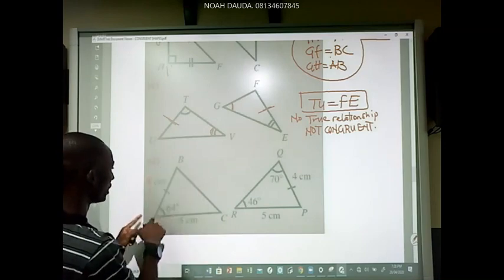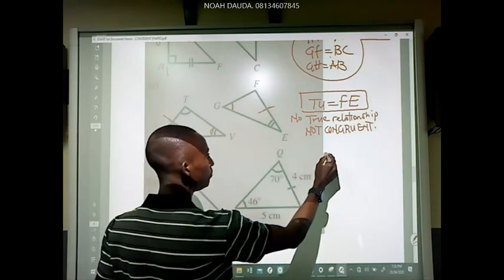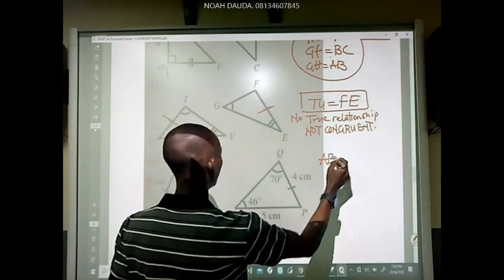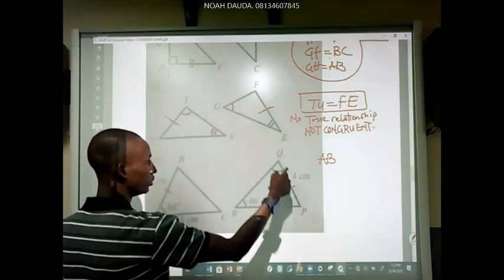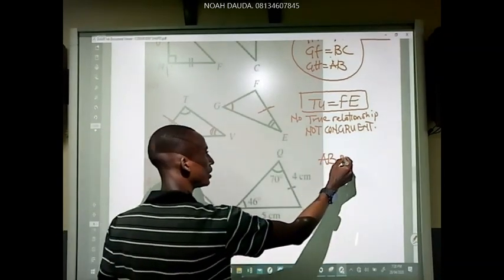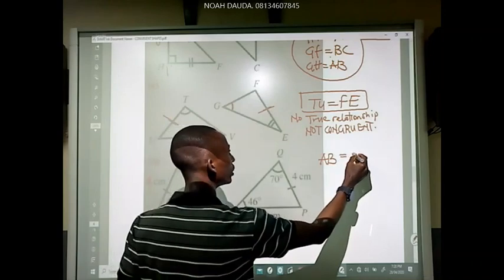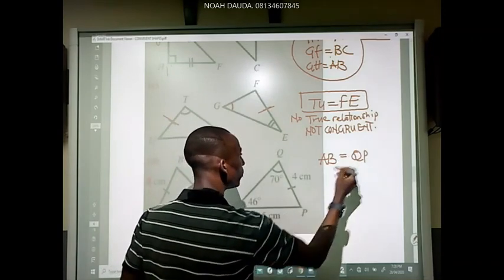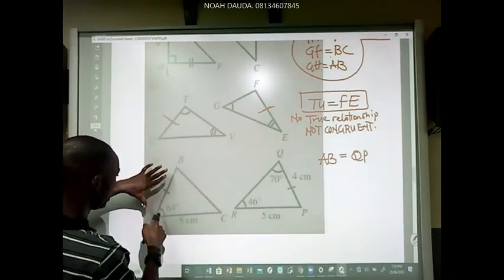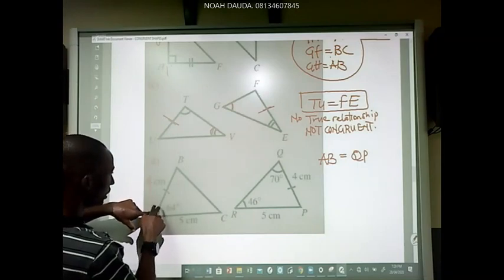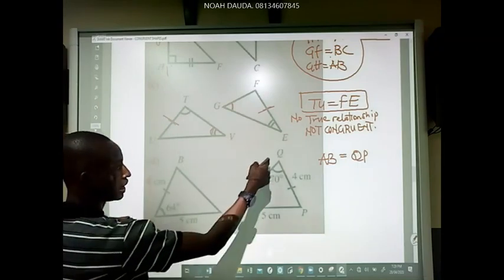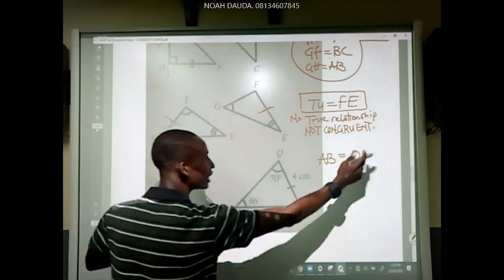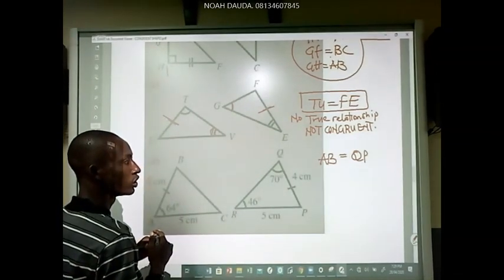We have AB as a single line, AB, and QP. AB is equal to QP. AB is 4 centimeters, QP is 4 centimeters. That means that equation is true.